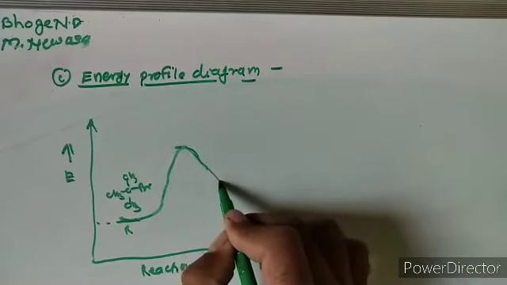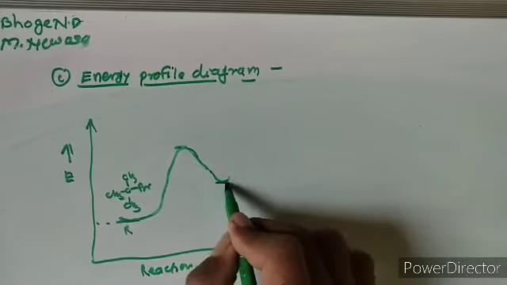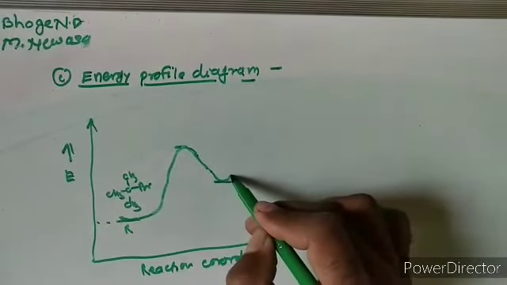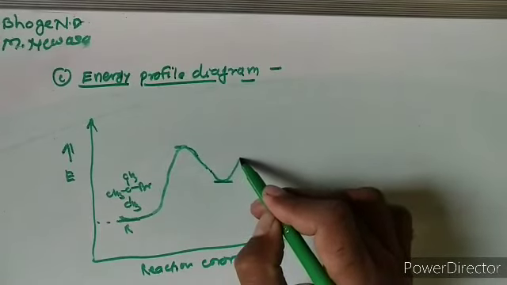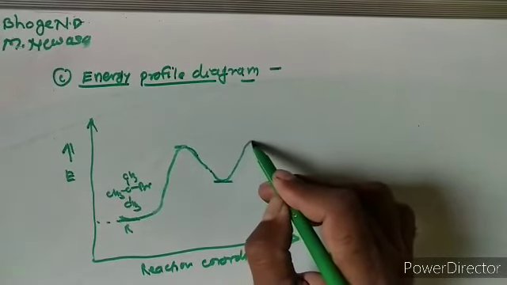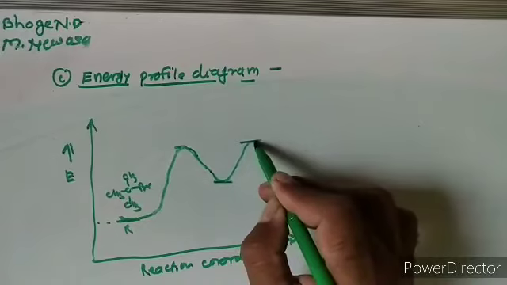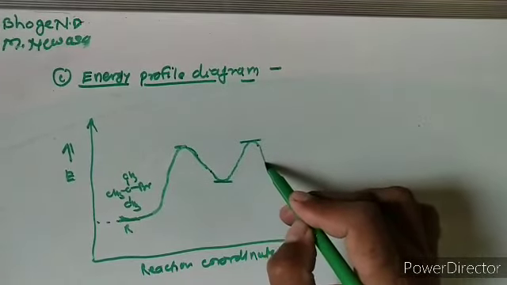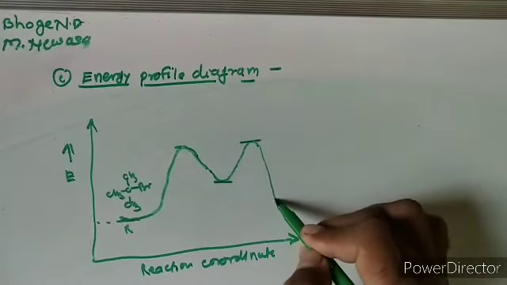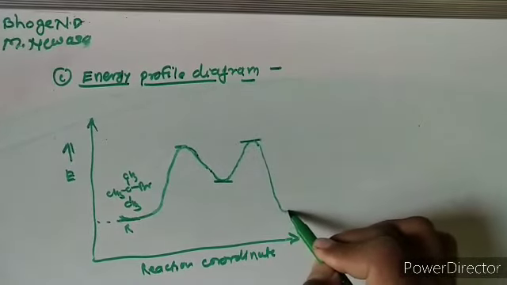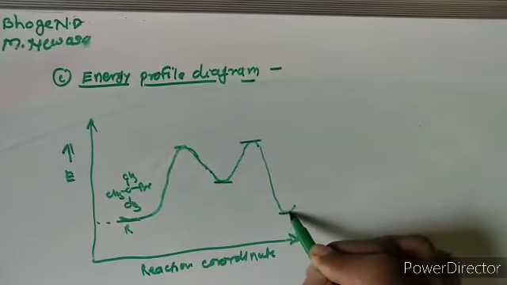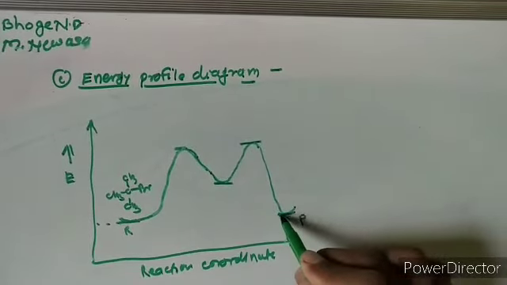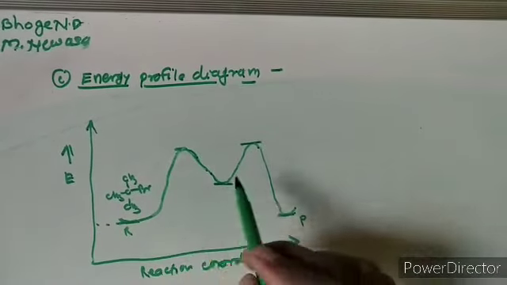At some point there is a minimum energy. Then again energy increases, making a maximum point. Then again energy keeps decreasing, and at this point there is formation of products. So this is the energy of the product.